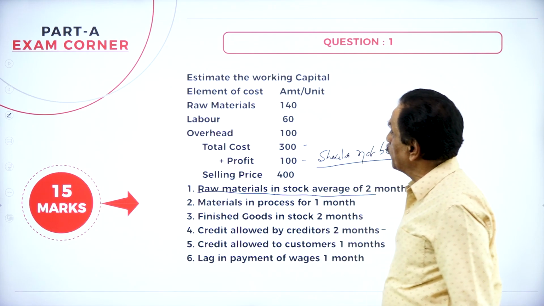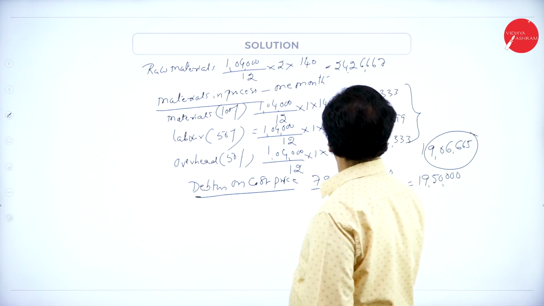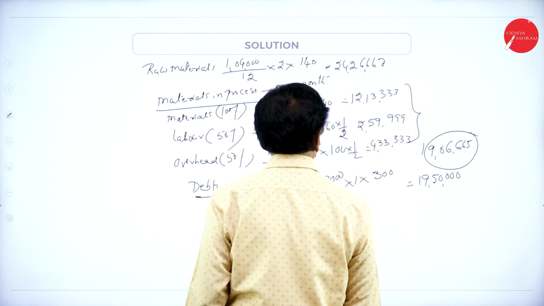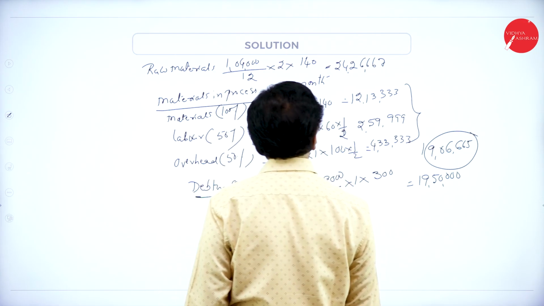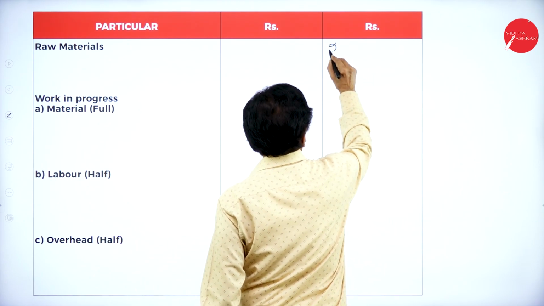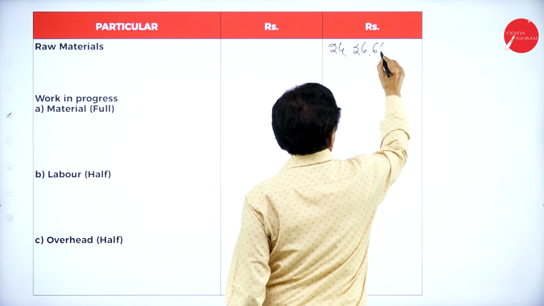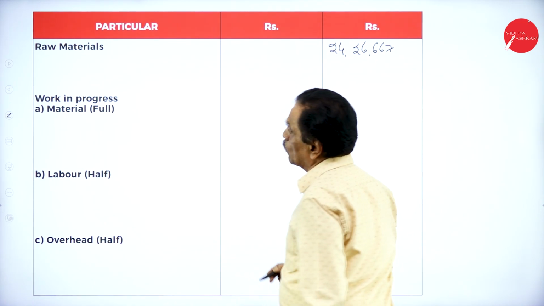So go with the problem now. What's the value? Find out. Raw material 24,26,667 as per the working note.